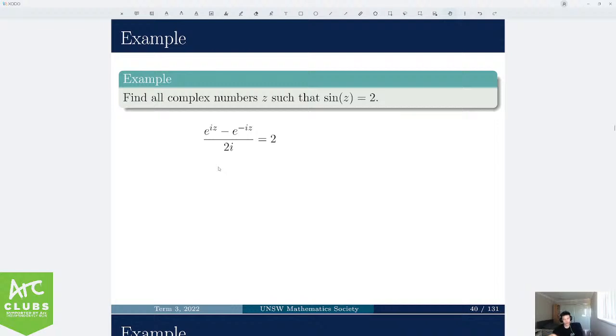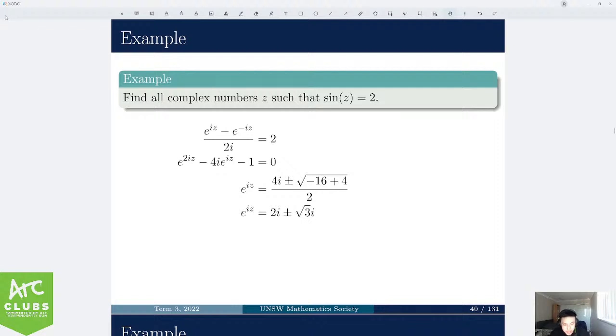Again, we did a trick where sine z, we rewrite it as e to the power iz minus e to the power minus iz over 2i. And the game here is to rewrite this equation in terms of a quadratic equation, because we can always solve quadratic equations by just whipping out the quadratic formula.